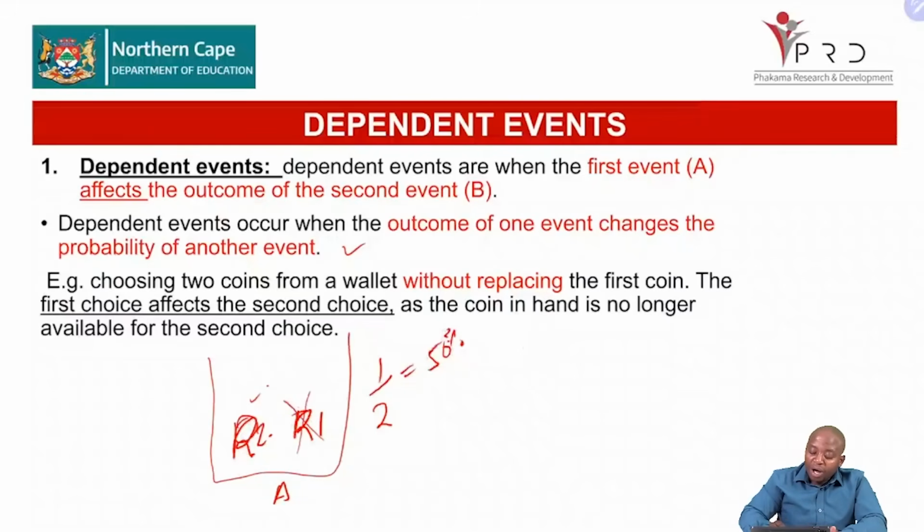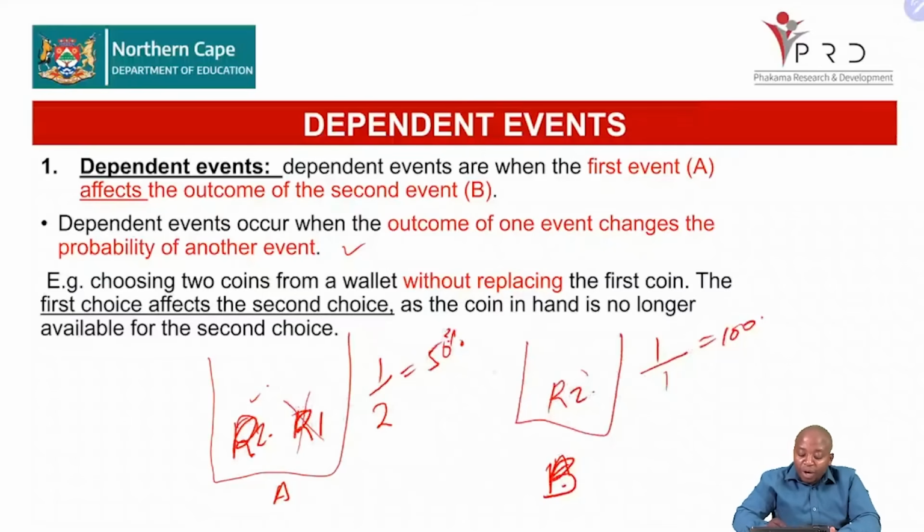On my second event, I do not place the R1 back into the wallet, and I remain with only the R2 coin. So the probability now of selecting that R2 coin is going to be 1 over the total, which is 1. So it's going to be 100%. So what are we seeing here? We can see that event A has affected the outcome of event B, because the probability was 50%, and the probability has now changed to 100%.